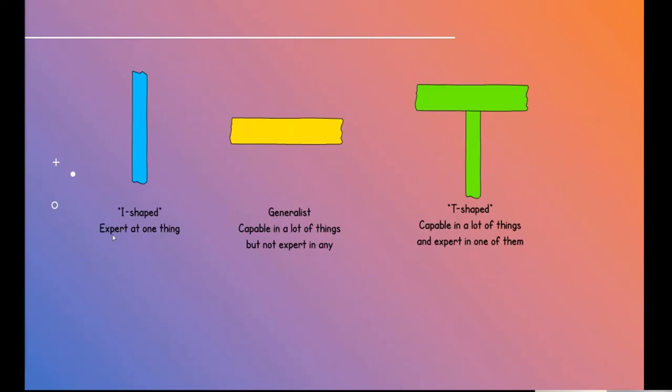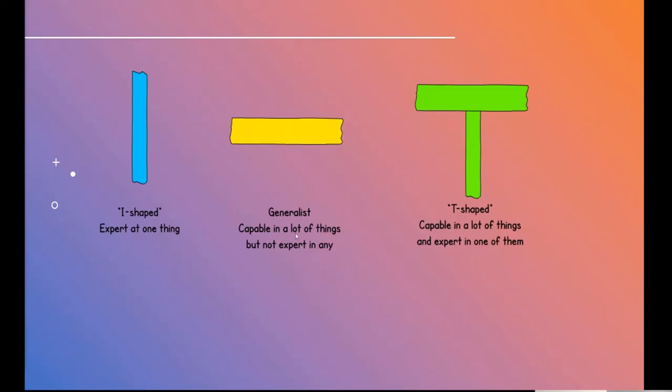I-shaped means expert at one thing. For example, they are expert only in writing code. They don't know how to manage the testing phase, or how to deploy or something like that. Only code writing. So they are the I-shaped people, expert at one thing.